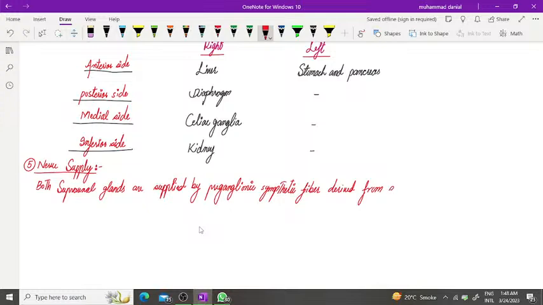The splanchnic nerve ends in the adrenal medulla.